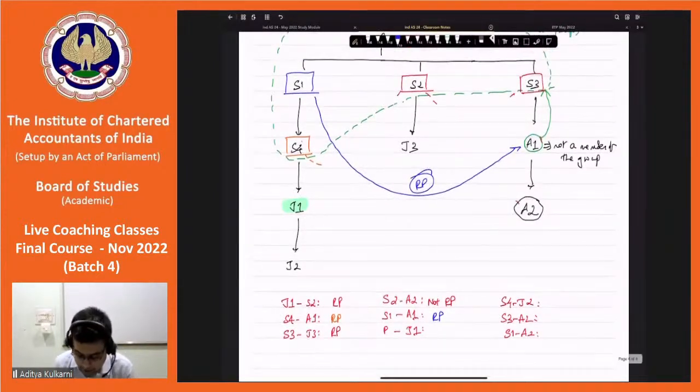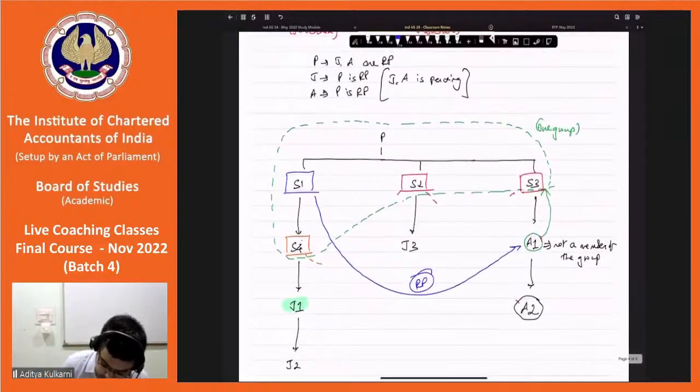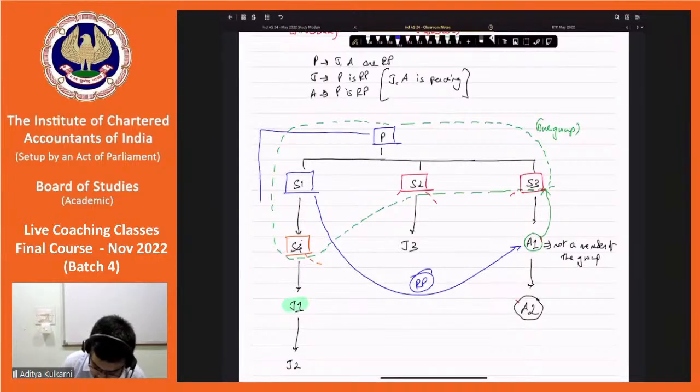Next one. P and J1. Parent and J1. It's asking about this relation. Is J1 a joint venture of a member of the group? Yes. S4 is a member. J1 is a joint venture of S4. So J1 becomes a joint venture of a member of the group.